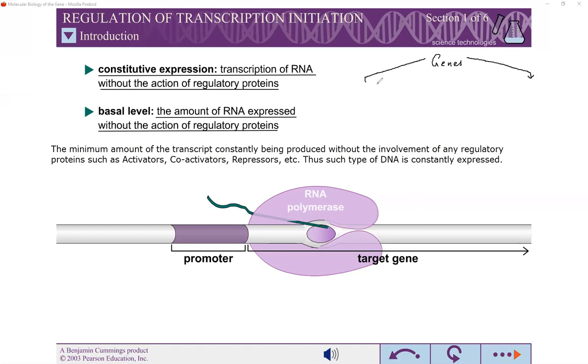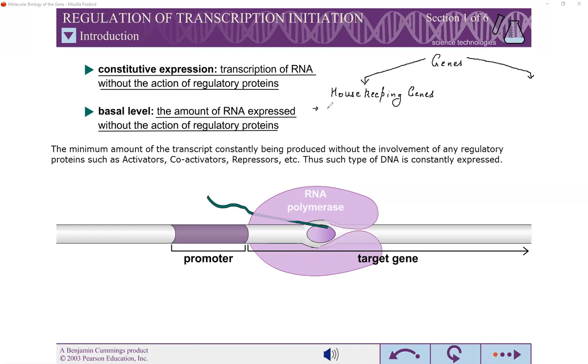Okay. So I would be talking about the first one, housekeeping genes. What do you mean by housekeeping genes? Housekeeping genes are the ones that are constitutively expressed.